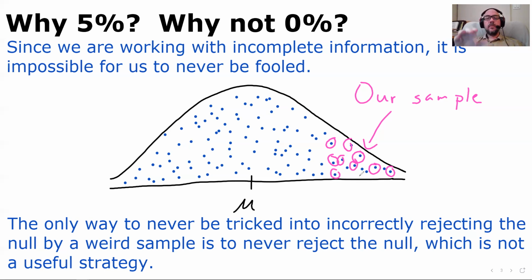Now, I will say this. There's a default of 5%, and there's no good reason for that. It's not some magical percentage that minimizes the probability of making type 1 and type 2 errors. It's just a generally agreed upon thing. There are lots of statisticians who feel that alpha should be set based on what sort of thing you're doing, the severity of a type 1 error versus type 2 error, and the implied distributions of both.